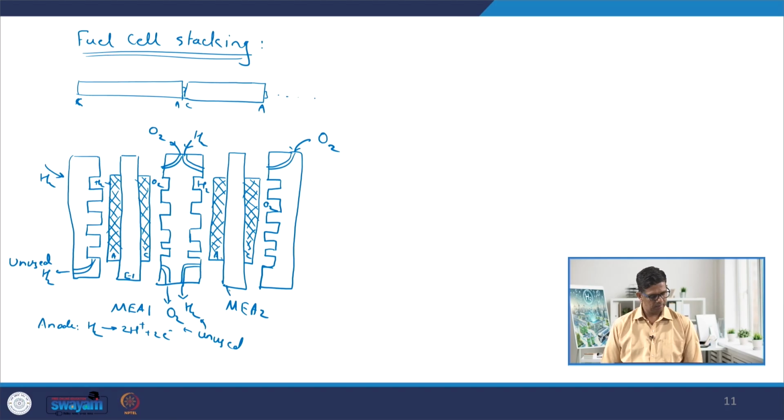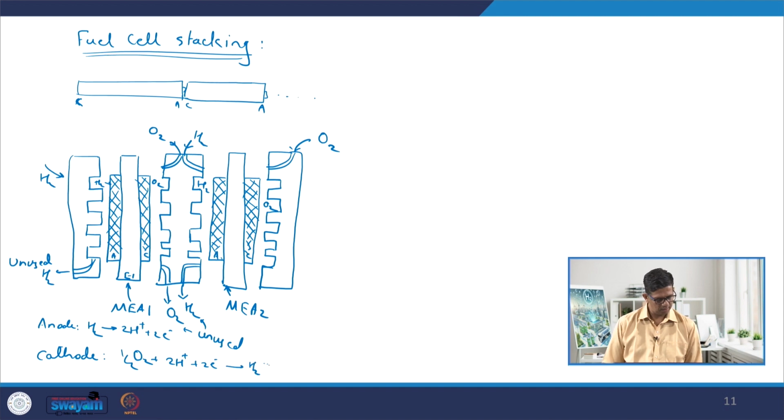Similarly, oxygen for the first cell enters through the dedicated channels, enters the diffusion layer and then reaches the catalyst layer, and then at the cathode we have the same reaction that we have studied before. Half mole of oxygen plus 2 moles of protons plus 2 moles of electrons gives product water. So, this reaction is anyways going to take place.